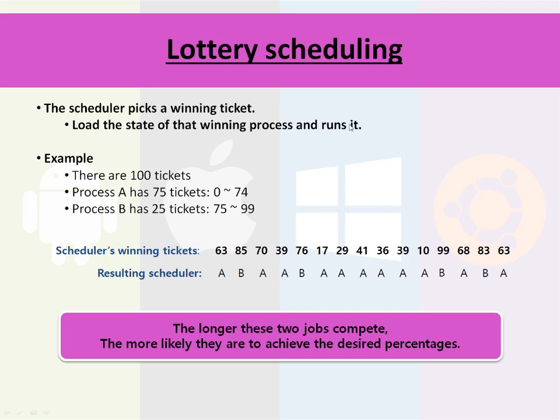Initially, if we added up all the A's and all the B's and calculated the percentage, it might not necessarily give us 75% and 25%. But if we did this many times, overall it would converge to process A being chosen 75% of the time and process B 25% of the time.